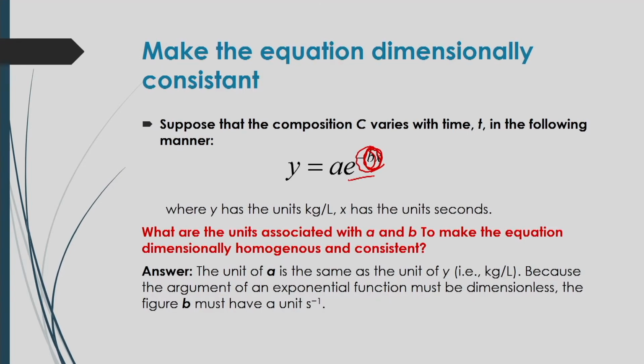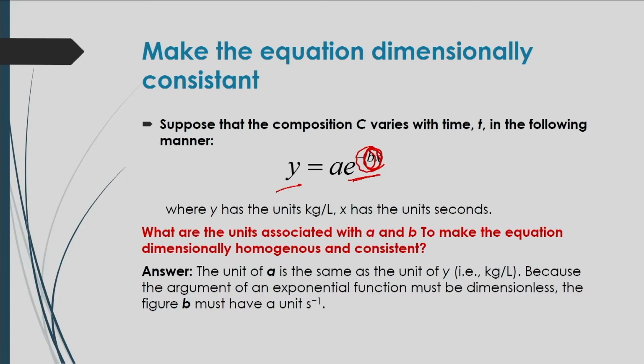This part should be dimensionless, but your left hand side will have the dimensions of kg per liter. So, you have to make this equation consistent in such a way that the dimension of a should be kg per liter. What are the units associated with a and b to make this equation dimensionally homogeneous or consistent?